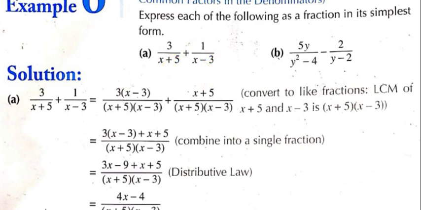And subtraction, you cannot do just like that. So you have to times the whole thing. So for this one, you have x plus 5, so you have to times both by x minus 3. For this, you have to times both by x plus 5, both top and bottom, to make them become the same.